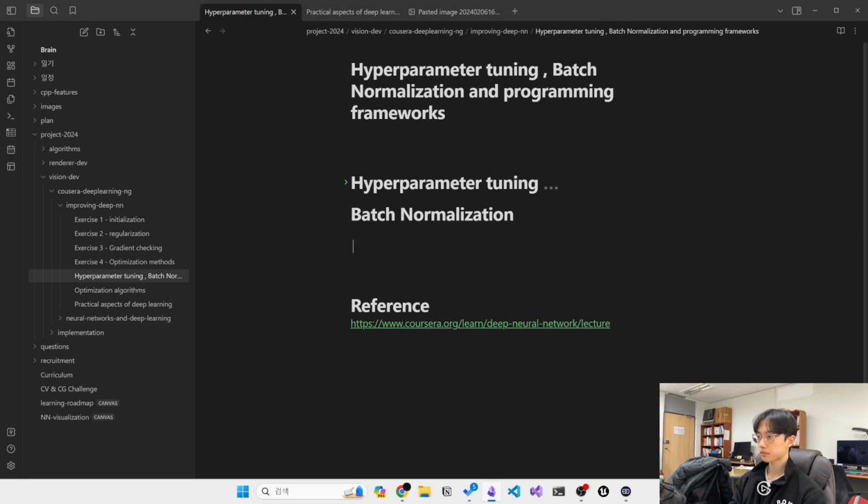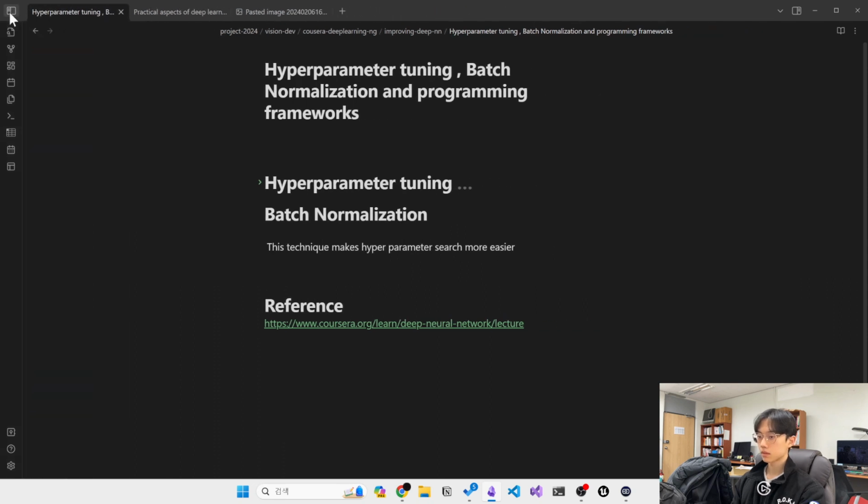There's a much bigger range of hyperparameters that work well, and it'll also enable you to much more easily train even very deep networks.